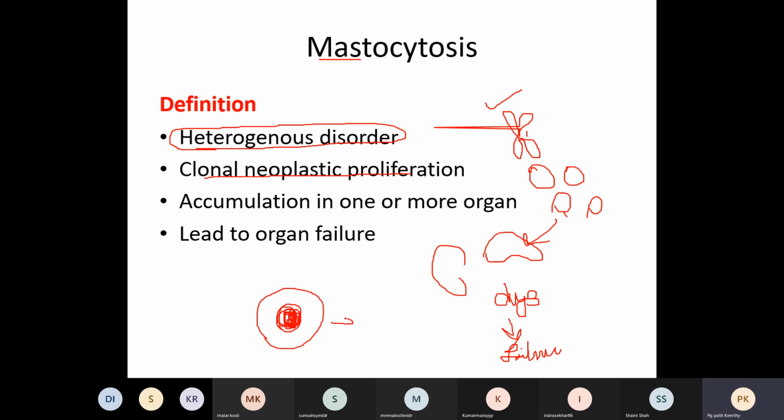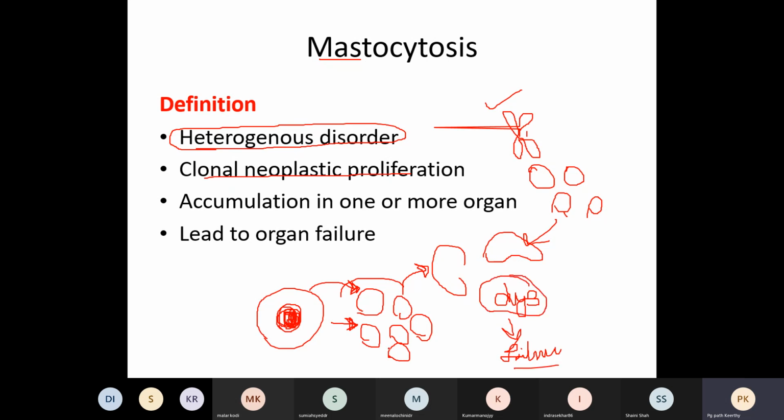Because of the mutation, they get a survival advantage, so they keep on proliferating. This is called clonal proliferation, meaning they arise from a single cell, so all look alike.